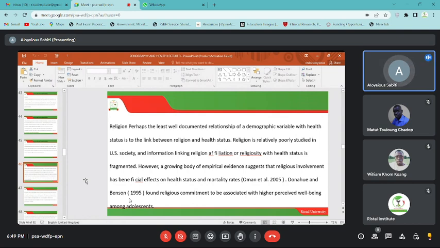Because you may have issues troubling you psychologically, religion might offer you some comfort and some mental counseling so that you could calm down. Studies have shown that this may help in reducing mortality, but also some health effects.